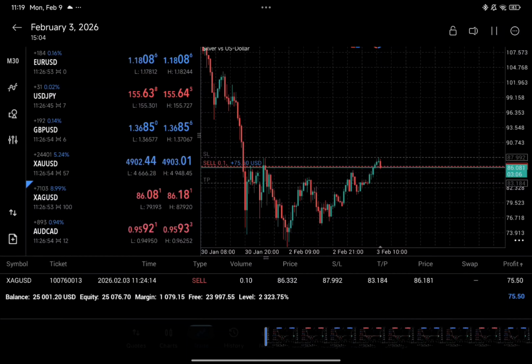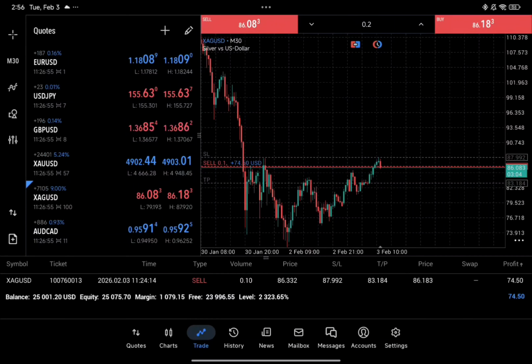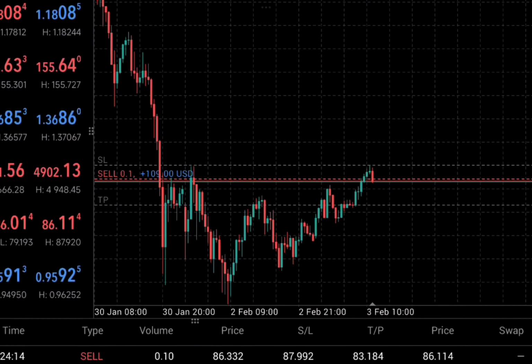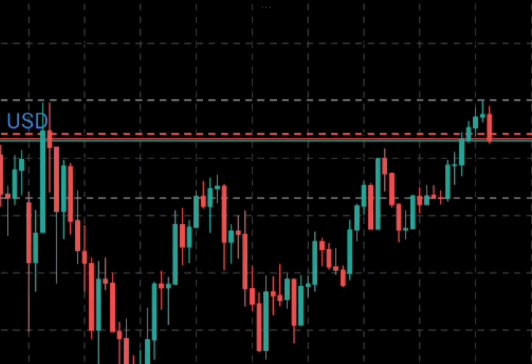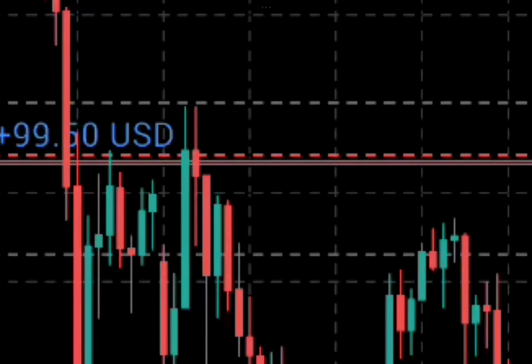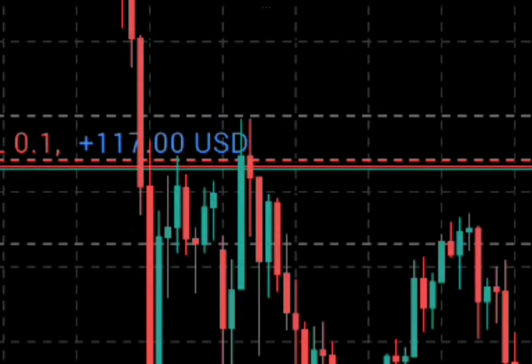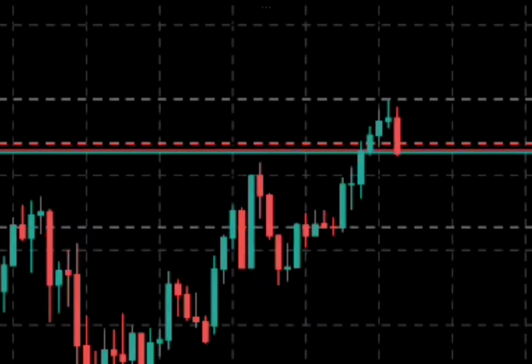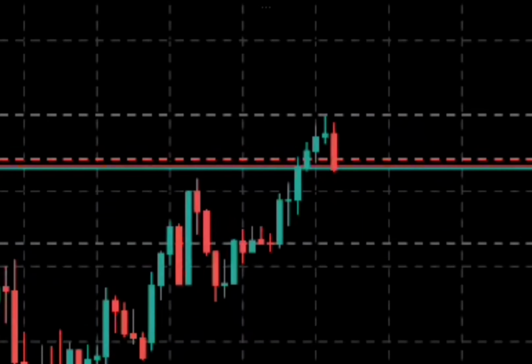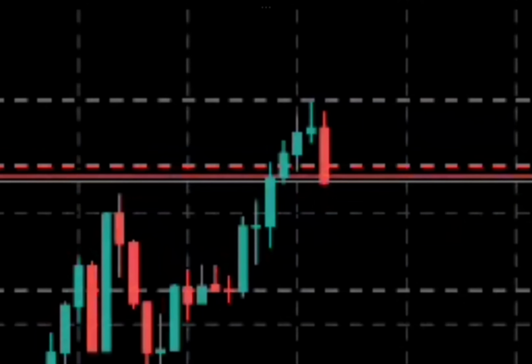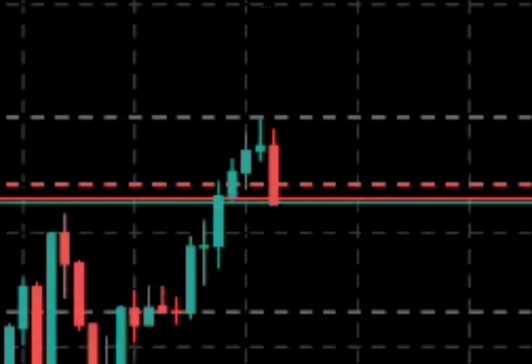In the second video, as you can see, I executed a trade in silver. The purpose behind this trade was, here there is resistance, and there is a resistance over here, and the price broke the resistance and closed above it.